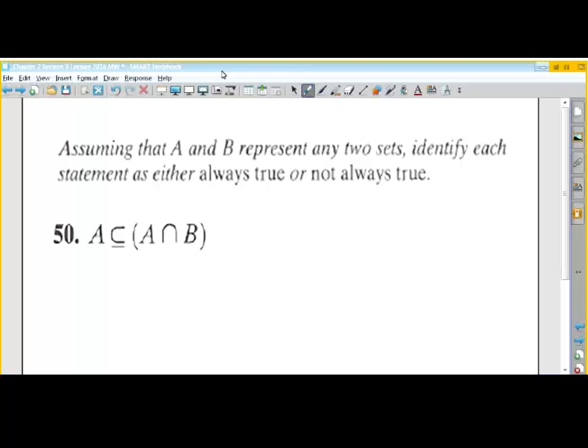Is A always a subset of the intersection of A and B? How many people say it's always true? Okay, that must mean that we have one person who's going to vote that way. How about it's not always true?